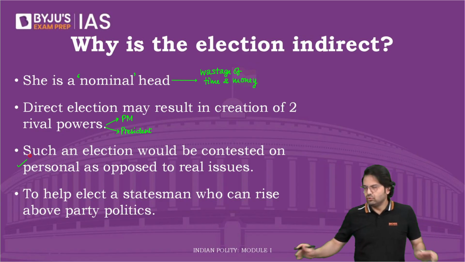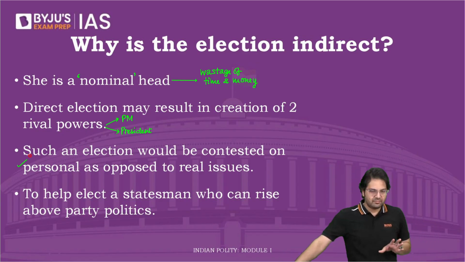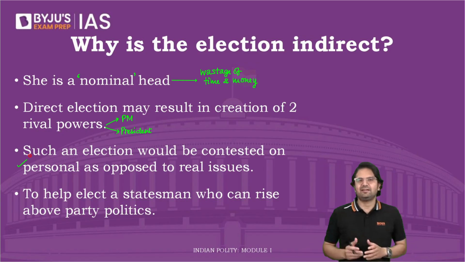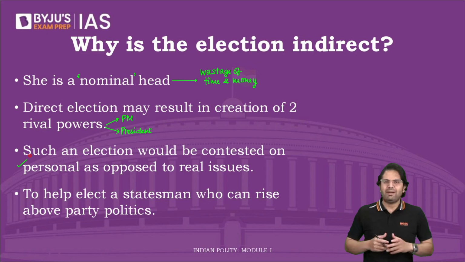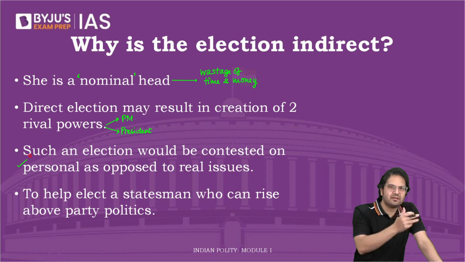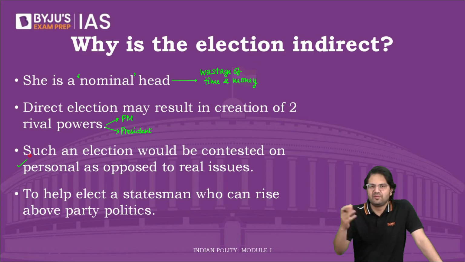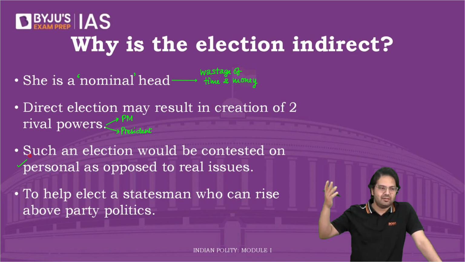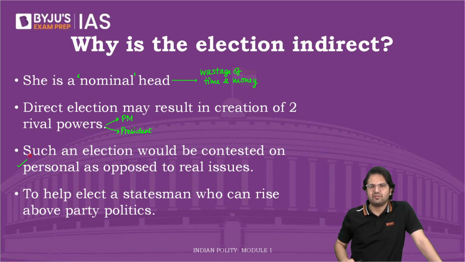And lastly, not to demean politicians, but the fact is that elections per se are a very difficult affair. You have to beg the people, please vote for me, guys. Lie, deceit, manipulate, all these things are required. Appease certain groups, appease certain people, request political parties to give you a ticket. All these things are done. The president is the head of the nation, head of the state. We don't want him to do all this nonsense.